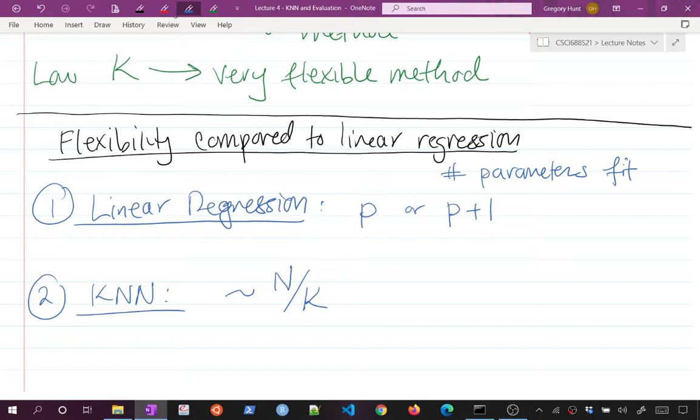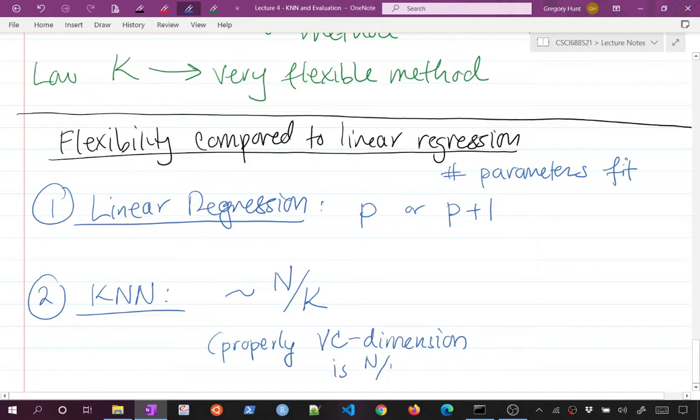So properly, I will get yelled at by the computer scientists if I don't point this out properly. What we're saying here is that something called the VC dimension, VC standing for some Russian names I can't pronounce, the VC dimension is n over k.